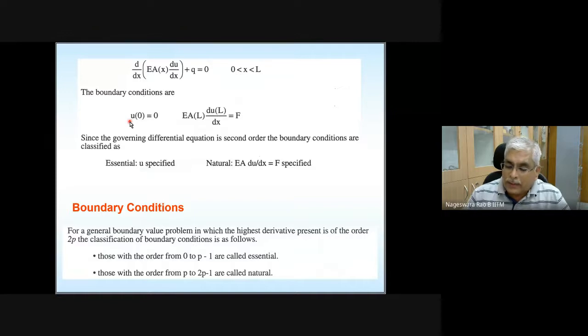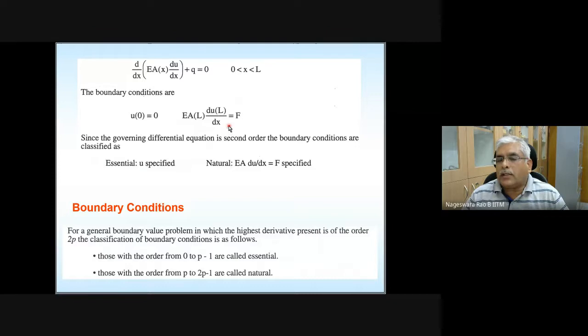And now, we got the governing differential equation by applying the equilibrium equation. And also we noted what is the validity of this equation. What is the region, the domain over which this equation has to be satisfied? And also, this is a second order equation, so we require two conditions.